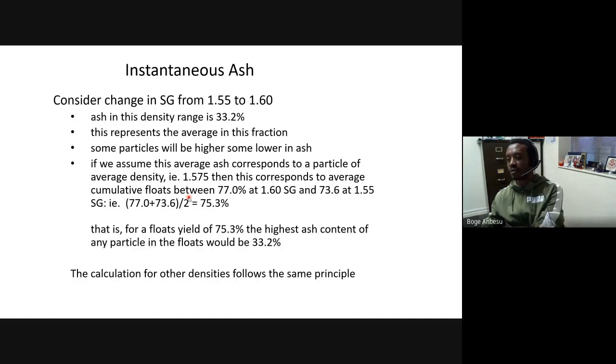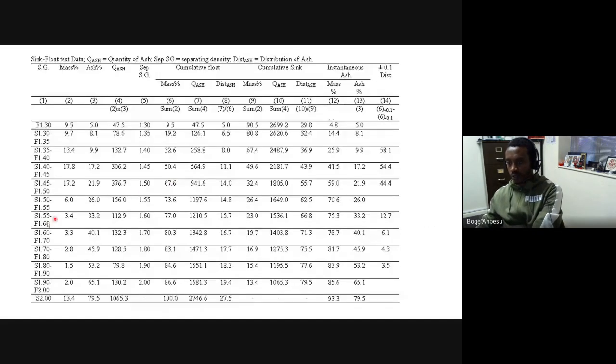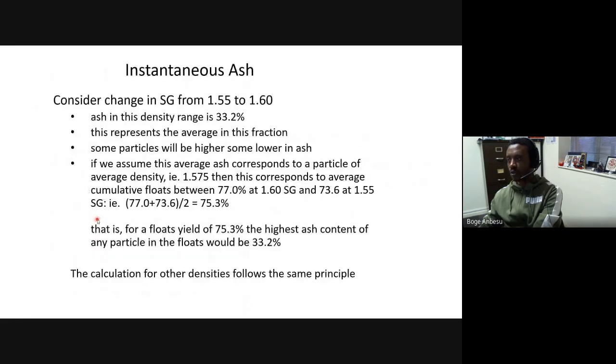So how to work out the ash? It is actually based on the fact that the ash is the average for particles with specific gravity between this. So in this case, we're focusing on this one here for an example, 1.55 and 1.6, saying ash is 32.2, and that's the average.